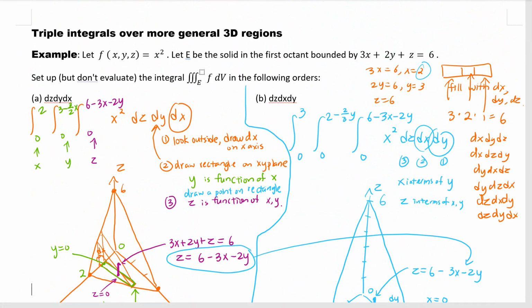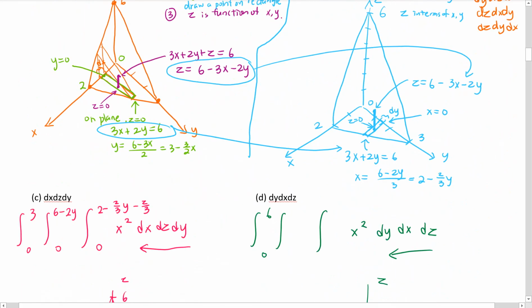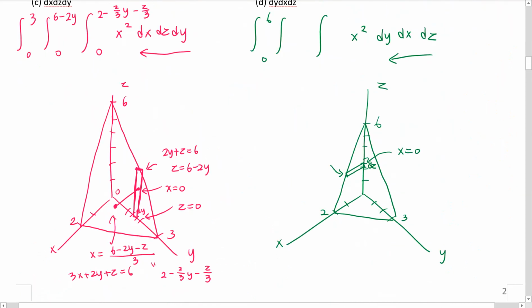We get 3x plus z is 6. So let me ask you again. We want to solve for z in terms of x, or we want to solve for x in terms of z? Okay, x in terms of z, right? So x equals (6 minus z) over 3, which is 2 minus z/3. So x goes from 0 to 2 minus z/3.